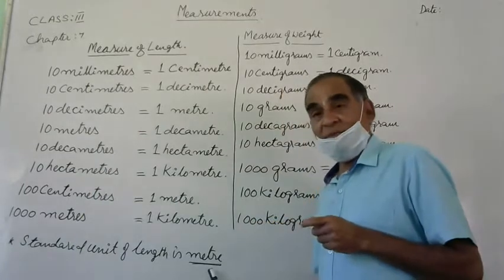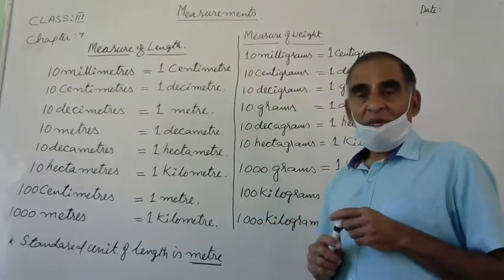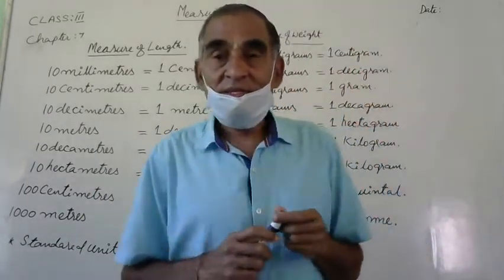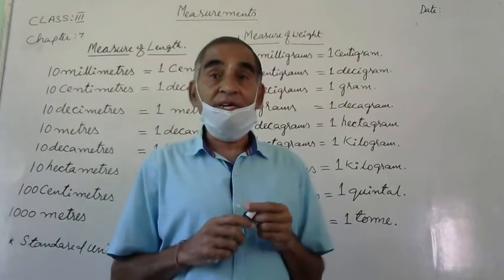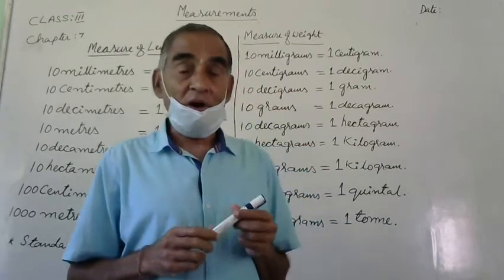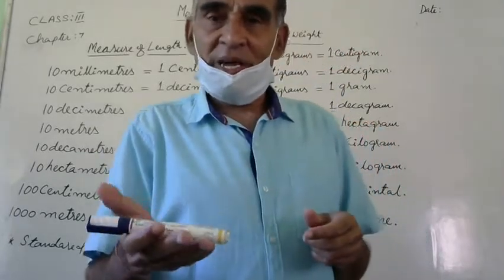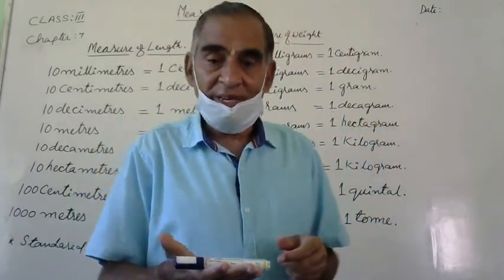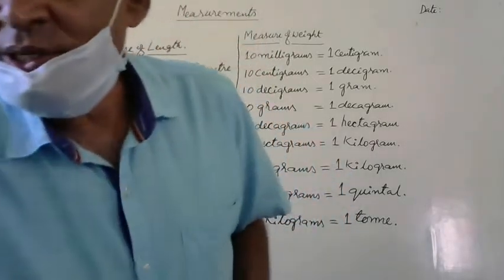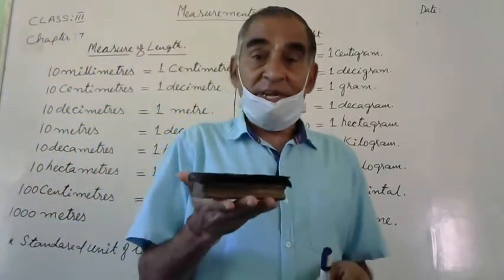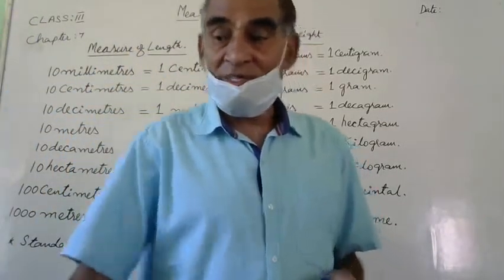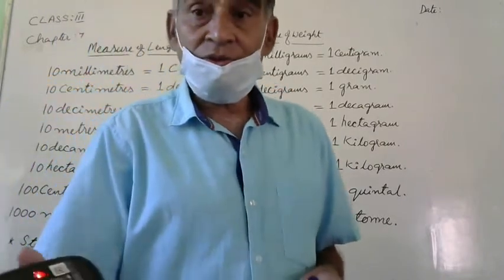Now the standard unit of weight. Weight means how heavy something is: how much this pen weighs, how much this duster weighs, how much this mouse weighs.